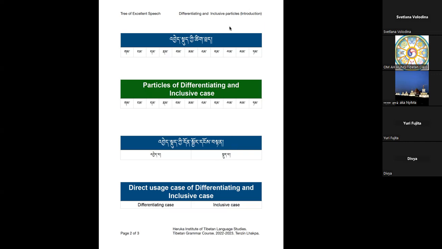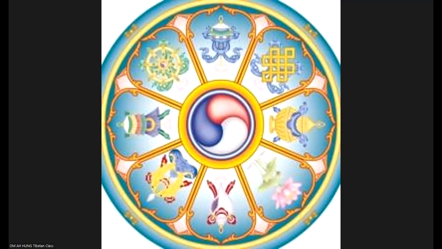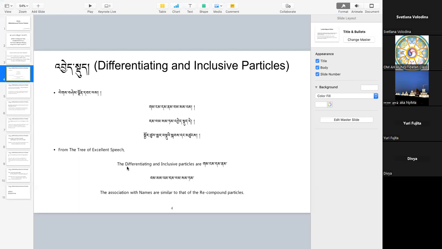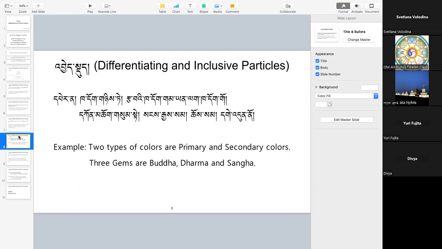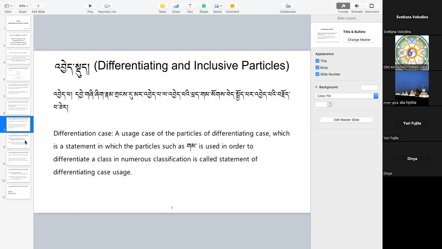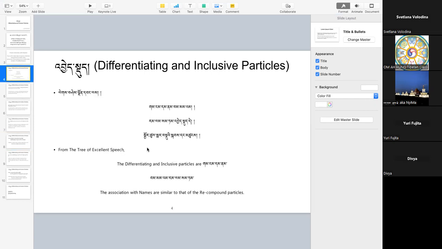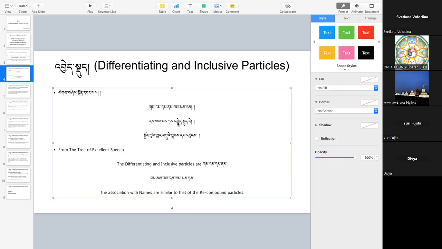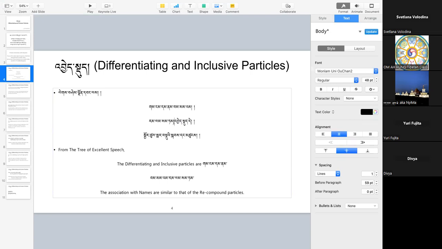Okay, so now getting back, we have understood that there are two usage cases, and the line that tells us, not the entire line, but just by these two words, we must understand the direct usage case.